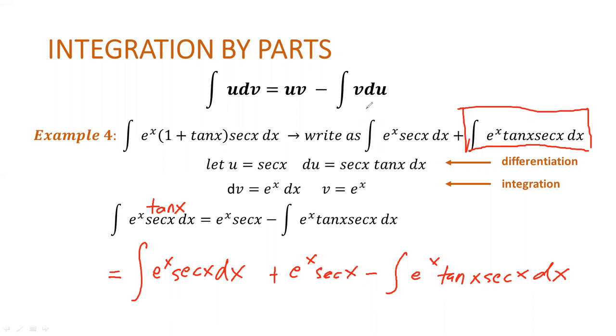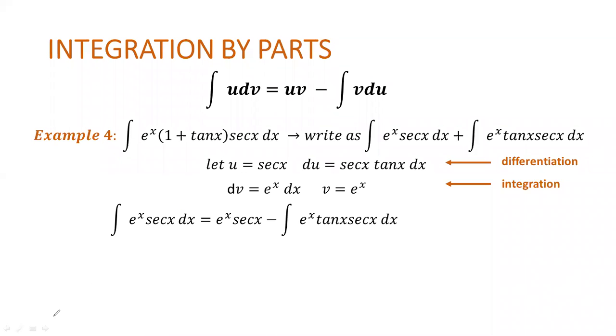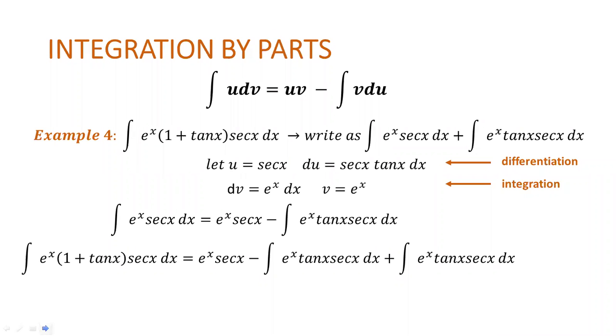Okay, we'll see here. We go to the next part. I'll erase first the things that are clear. So what you will have now will be this one. So this entire thing is e raised to x secant of x minus this one plus the integral of e raised to x tangent x secant of x dx. Wait, class.